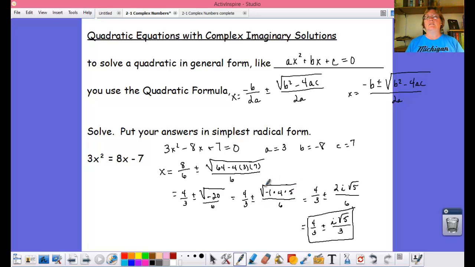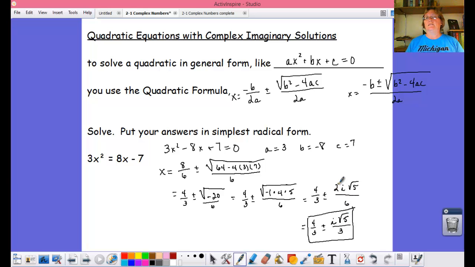Negative 20 is the same thing as negative 1 times 4 times 5. You take the square root of the things that you can. The square root of negative 1 is i, the square root of 4 is 2, and you have 5 left under the radical. That's all over denominator 6.